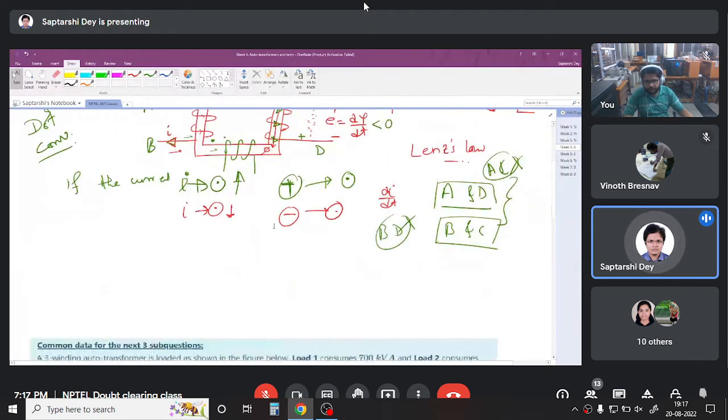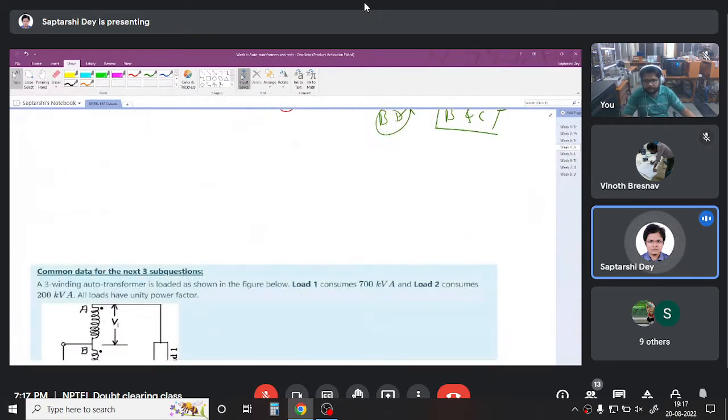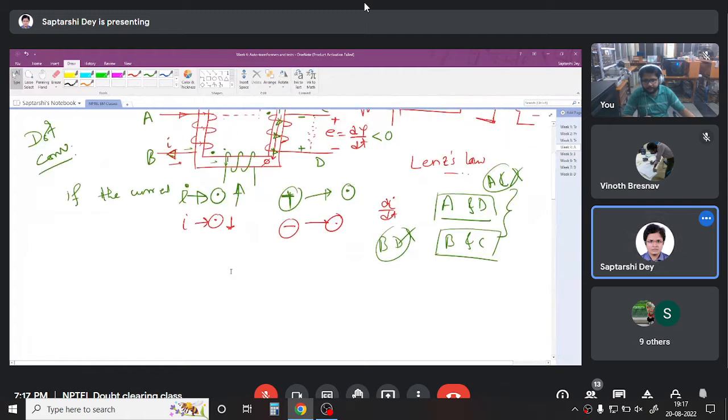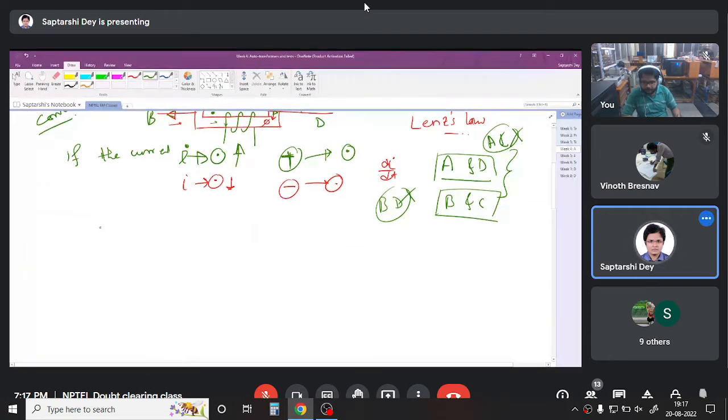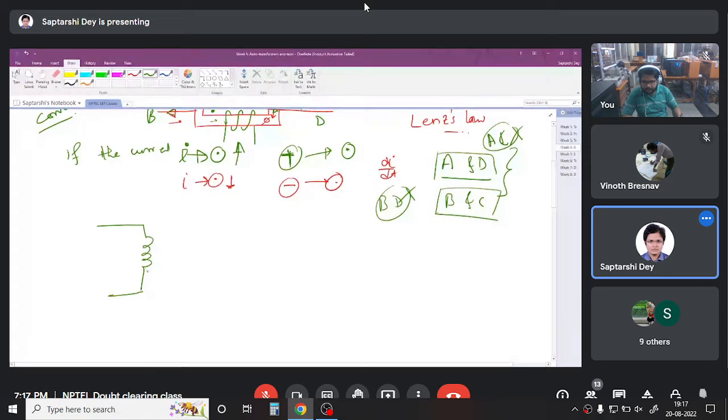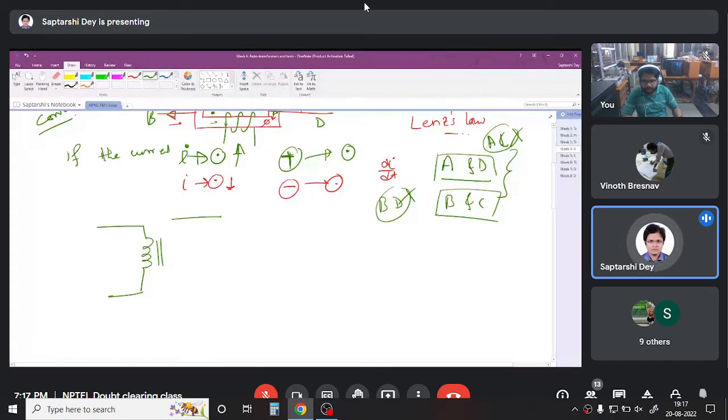Now when we are doing polarity test on transformer, we will look at the problems later, what we are doing is nothing but finding out the dot convention of the transformers. So say this is one transformer, right?